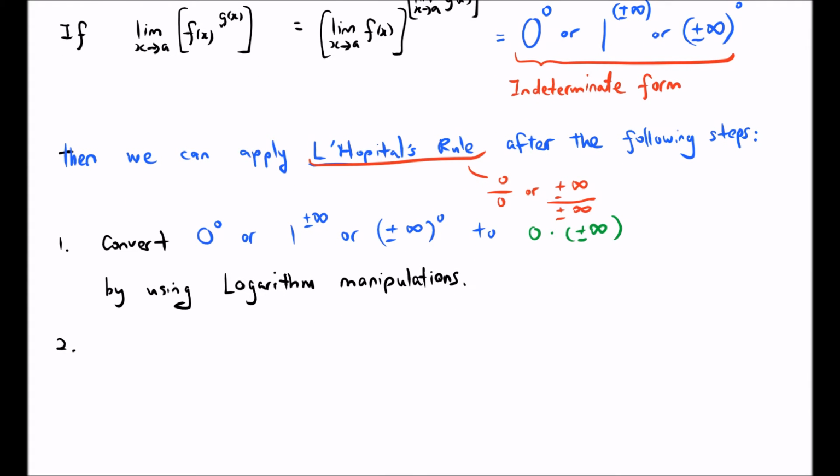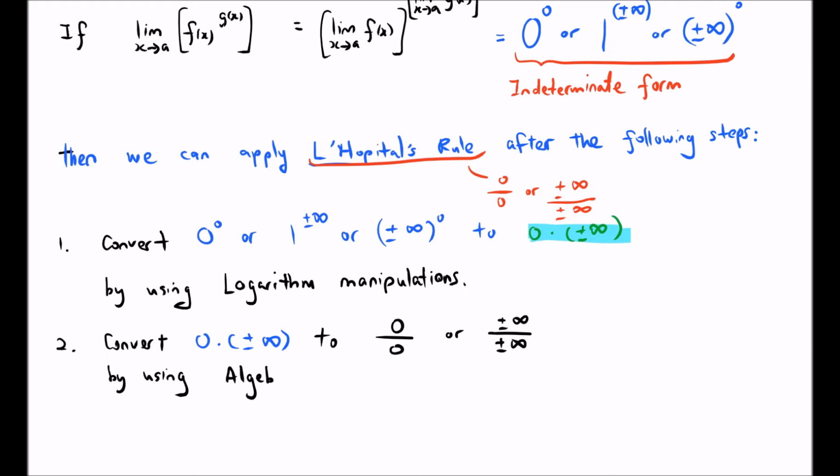Now, the second step. After you obtain this form, 0 times plus minus infinity, you convert it to 0 over 0 or plus minus infinity over plus minus infinity, using algebraic manipulations.